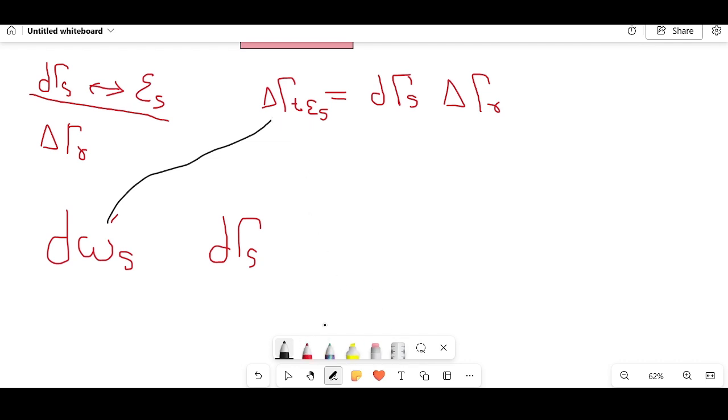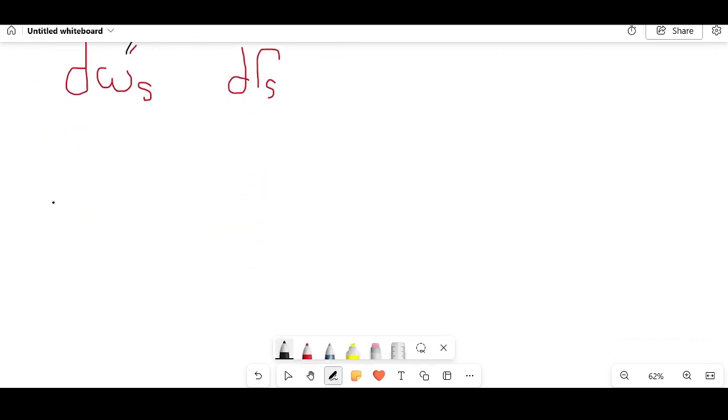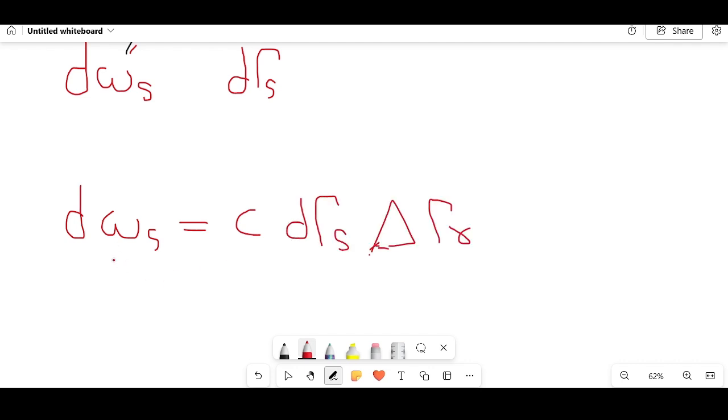These are not multiplying with delta gamma. Now we write here d omega s equal to C, the constant of proportionality, where omega is the probability that the subsystem has one of the energies from the possible range of energies. This should be 1, we will see it later.